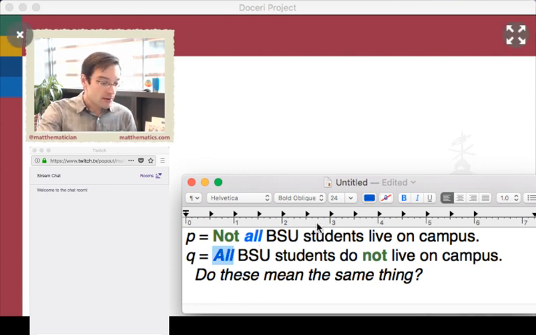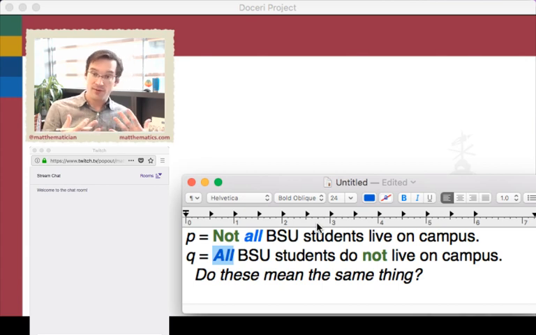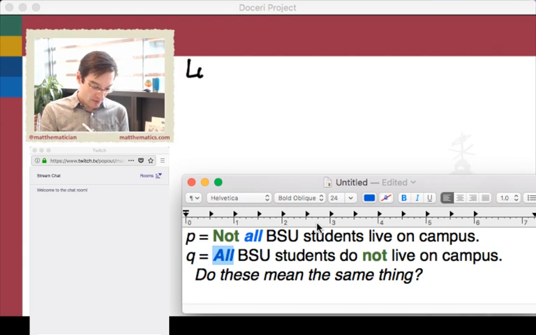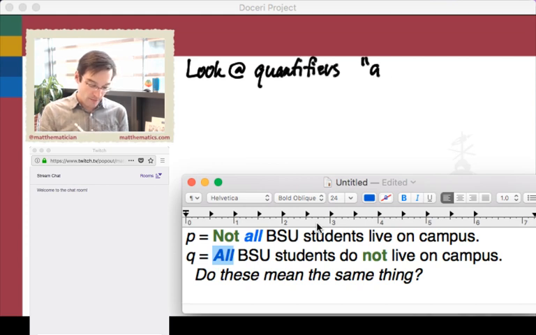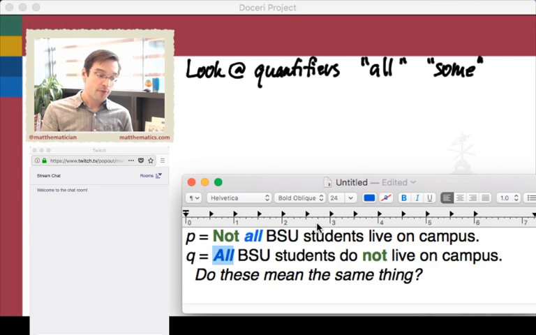Think about the quantifiers as taking precedence. So we want to look at the quantifiers first. And the quantifier words are all or some. All for making a universal claim, some for making an existential claim. So look at those first.